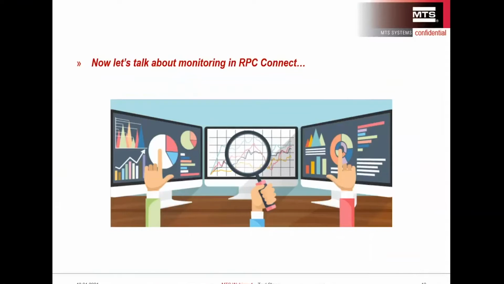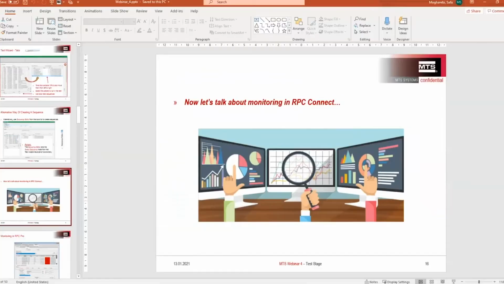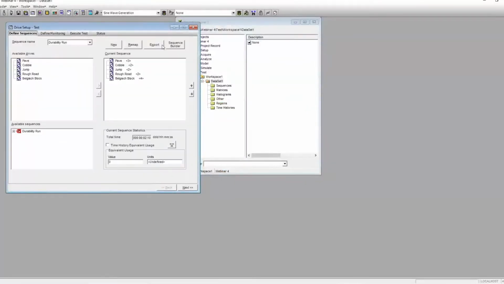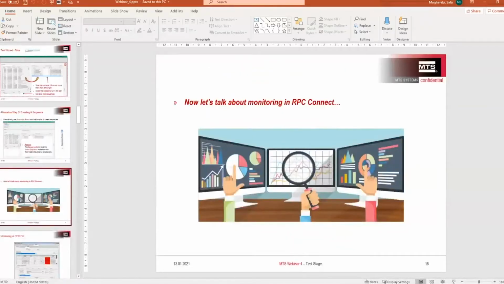Is there a way of randomizing sequence 1? So I think the customer is asking for, now I'm opening RPC Pro, so it's like using the sequence builder here, so that you can generate a random sequence. Is that what the customer is asking for?